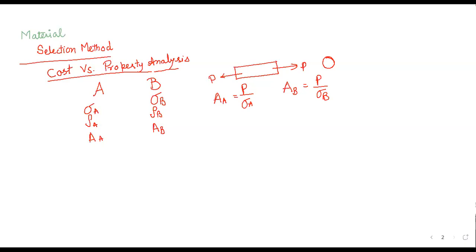So for material A, we can write dA square is equal to 4P over pi sigma A. Similarly, for material B, we can write dB square is equal to 4P over pi sigma B. The d is the diameter of this cross section.